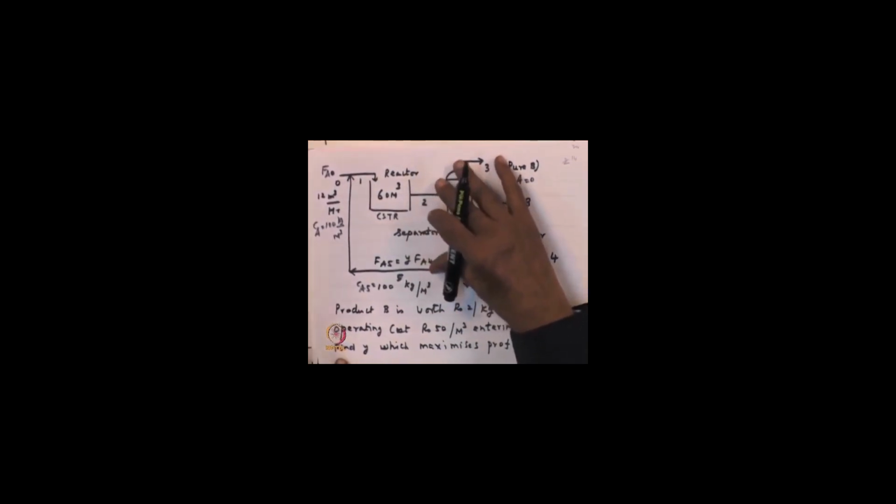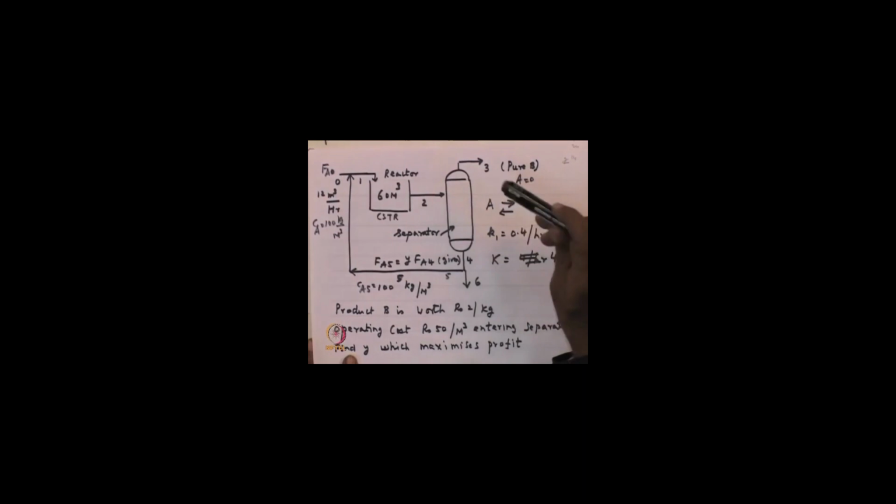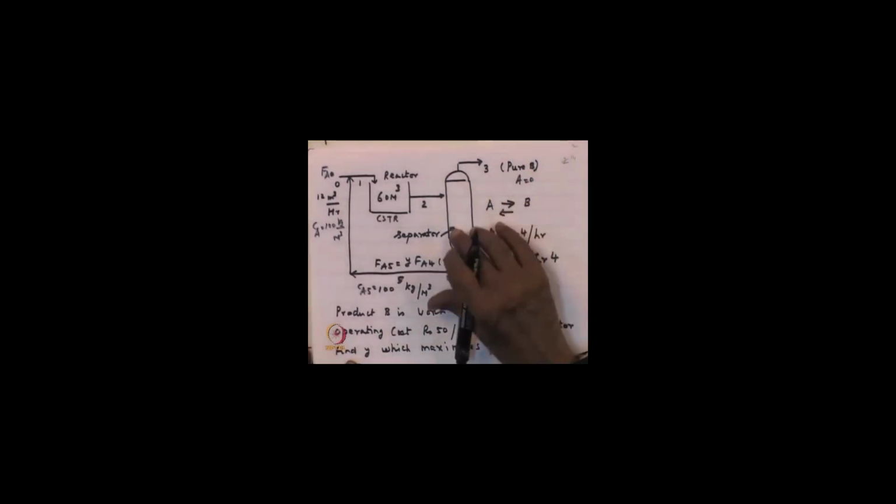So, in other words, in this process, alpha, the fraction of F_A1 which is converted, is 0.447. If you operate at that value of alpha, then the profit of this process is the highest. So, that is what we have been able to conclude by looking at this process.